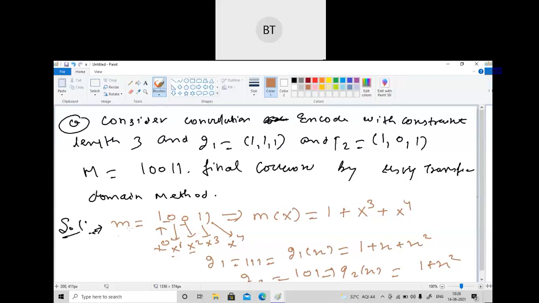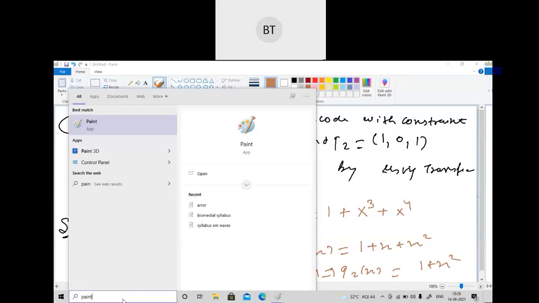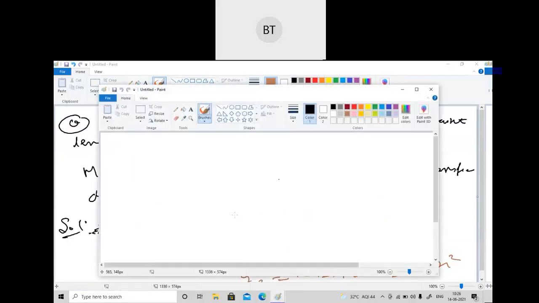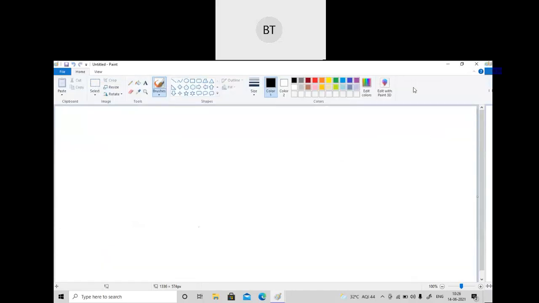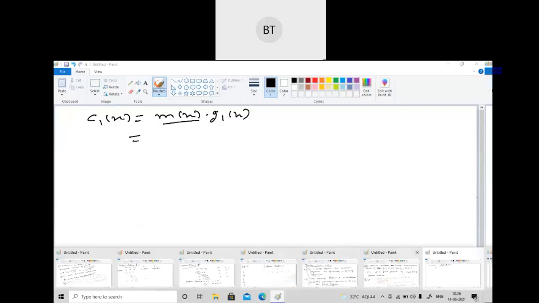So now we have changed it. Now we have to just multiply. So now we have to find the code word. Then C1x will be equal to Mx into G1x.